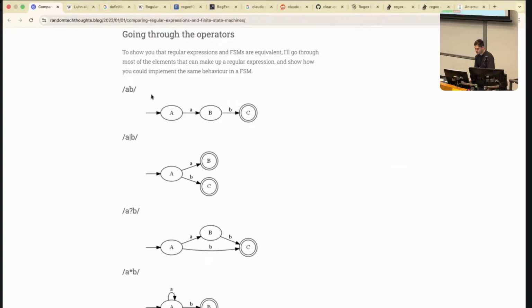What I mean by that is the regex AB can be represented as a finite state machine, which is usually drawn in diagrams like this. The regex AB means the character A followed literally by the character B. It's one of the simplest regexes you can have. The C here is not the character C, it's the complete state.